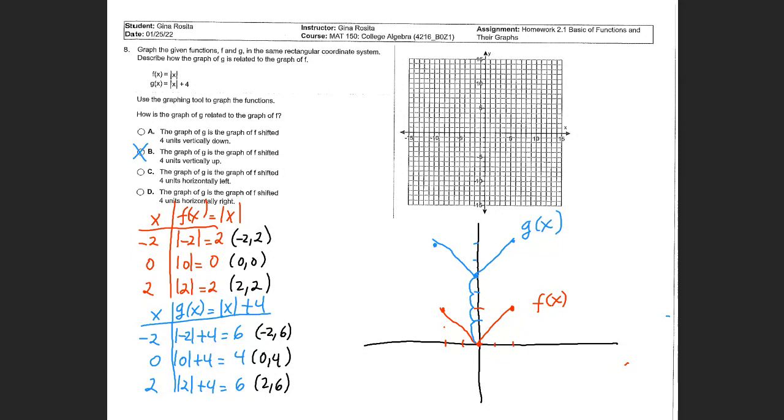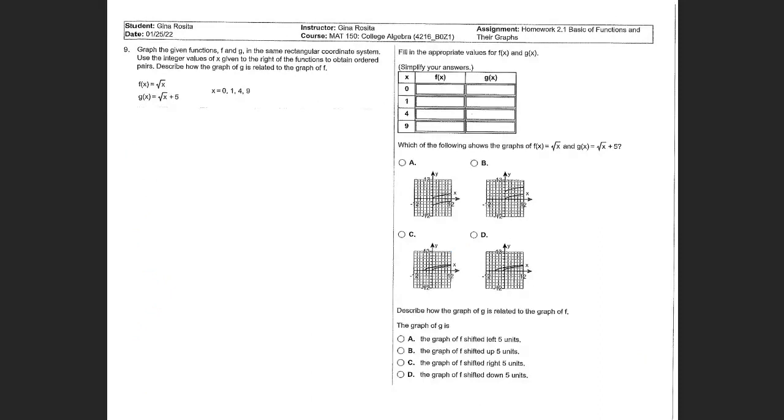Any question? No. So now go to the next one. Number 9. Graph the given function f and g in the same rectangular coordinate system.